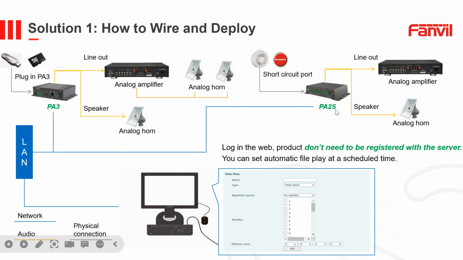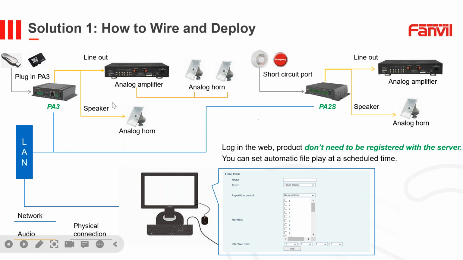And PA2S is more suitable for emergency notification, and you can connect it with sensors like a fire alarm sensor and an emergency button. It can also be connected with an analog amplifier and analog speaker.